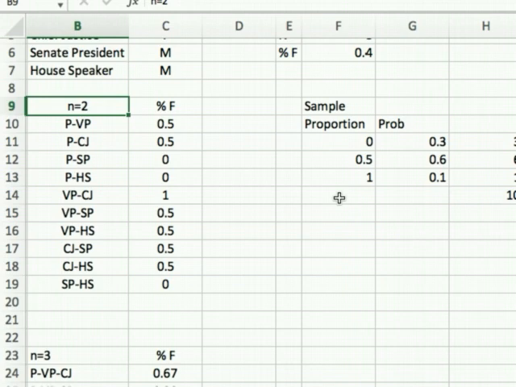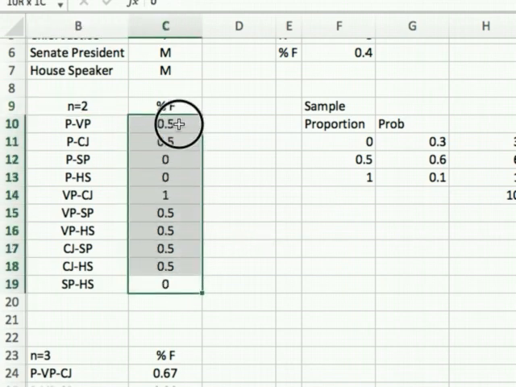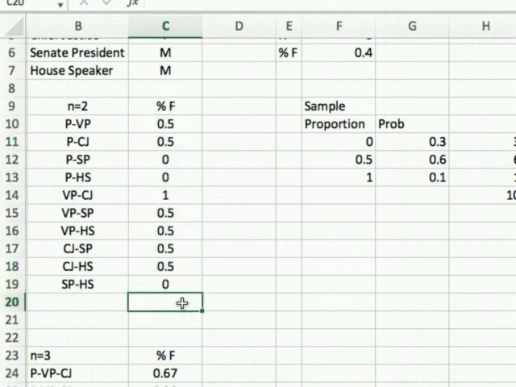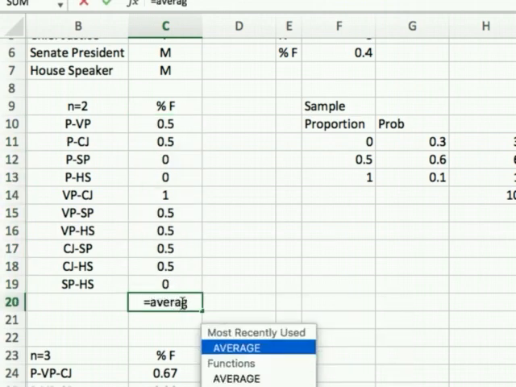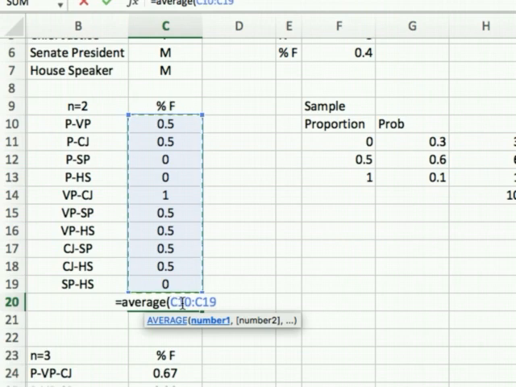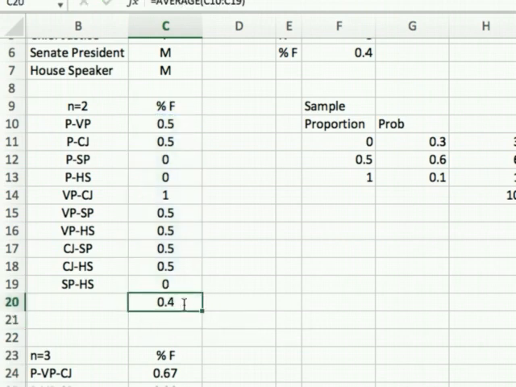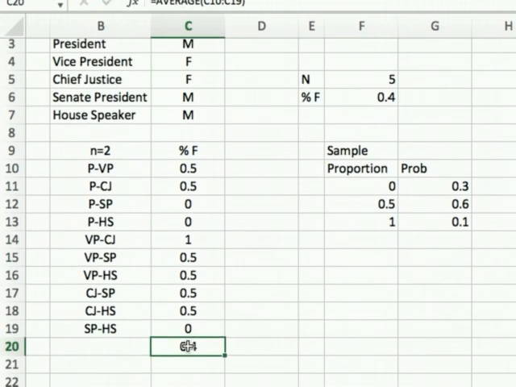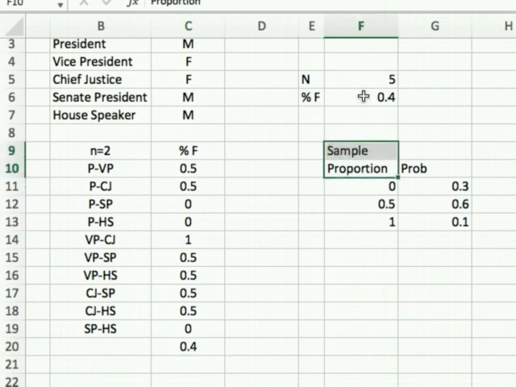Now to show us the properties of the sampling distribution, again, we have here all possible sample proportions. And if we get the average of all these possible sample proportions, we will get 0.4, which is again equal to the population proportion itself, making the sample proportion an unbiased estimator of the population proportion pi.